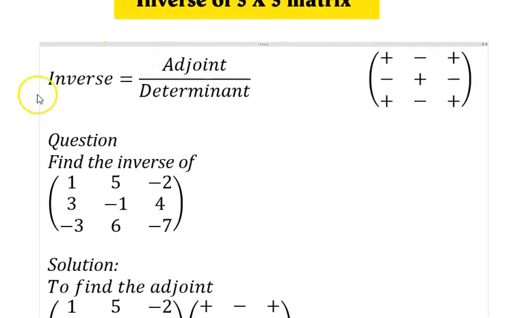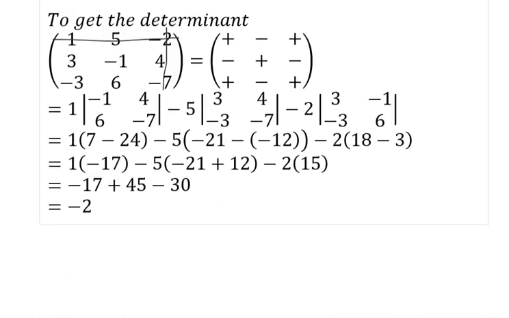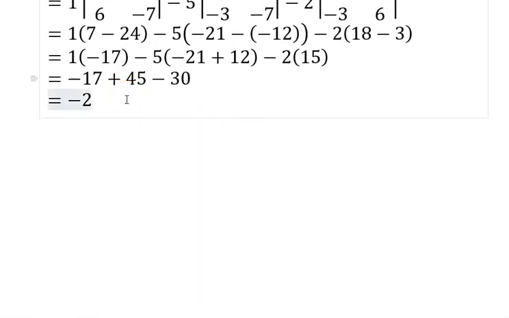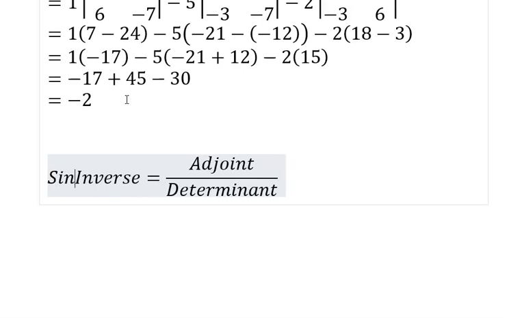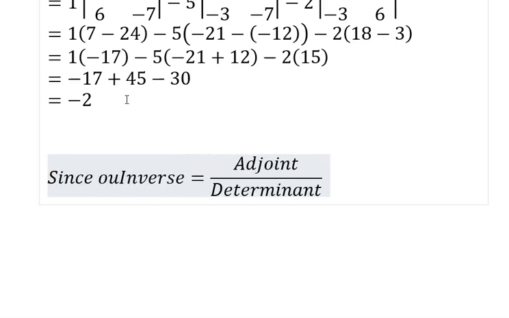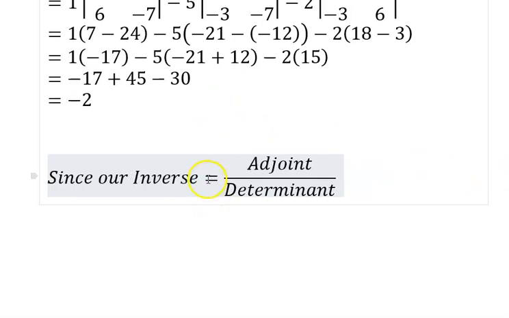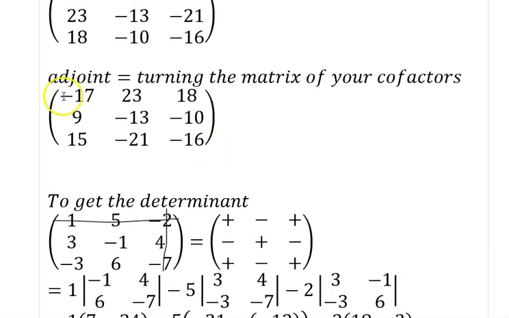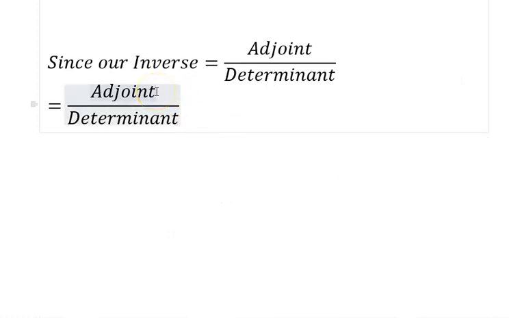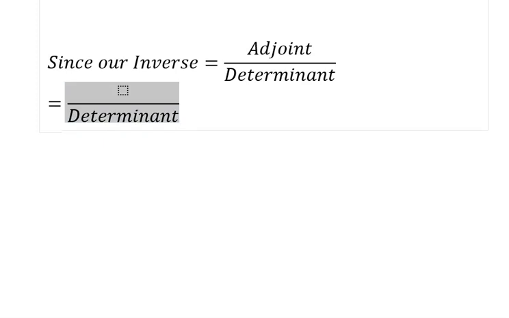So let's go. Since our inverse is adjoint over determinant, this is our adjoint.